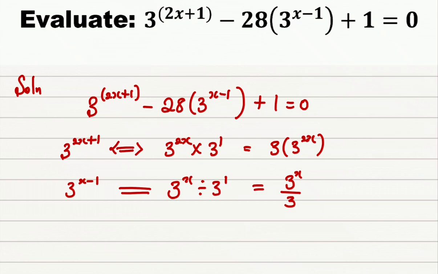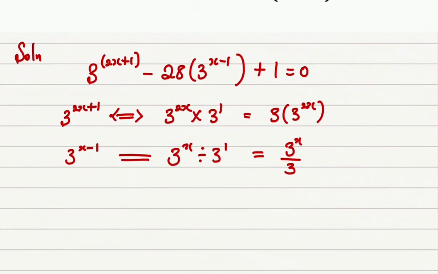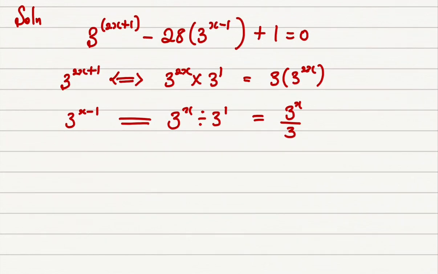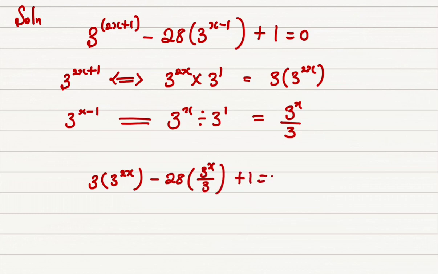That is just it. Since we have this, can we quickly substitute? Instead of having that on top, I'm going to have 3 into 3 raised to power 2x, close the bracket, minus 28, then 3 raised to power x all over 3. Good. Then plus 1 is equal to 0.